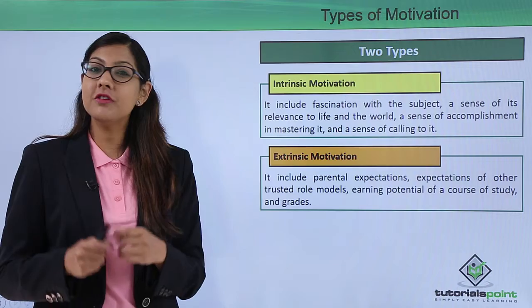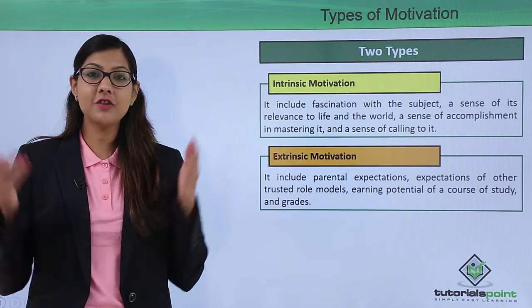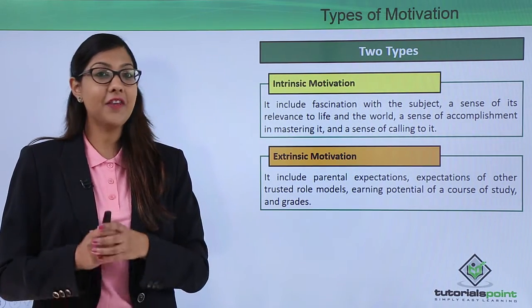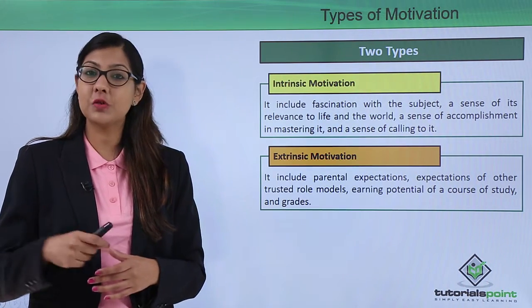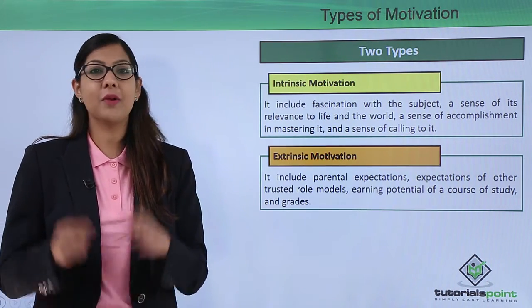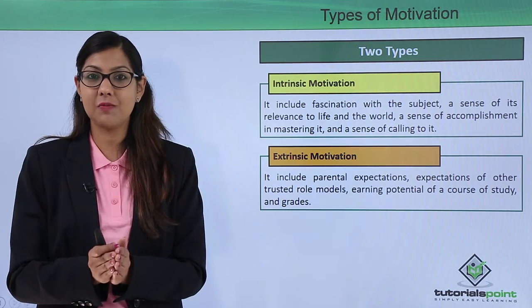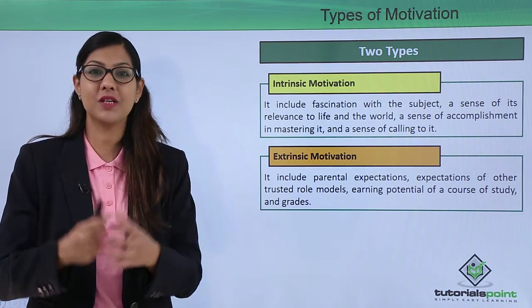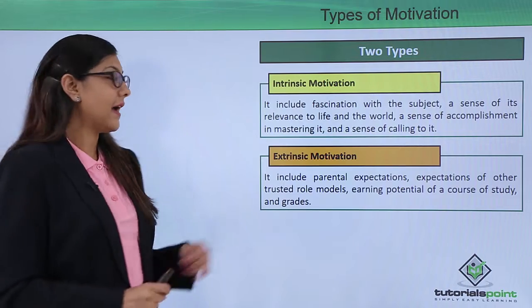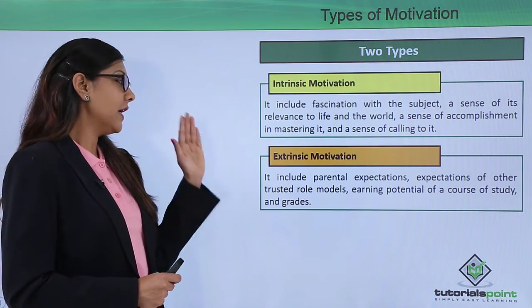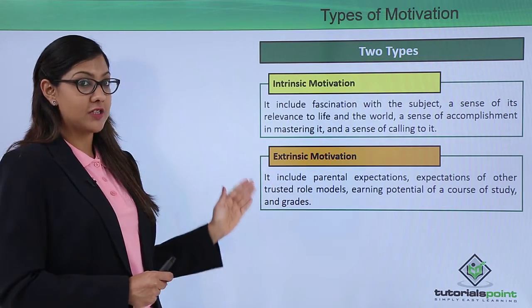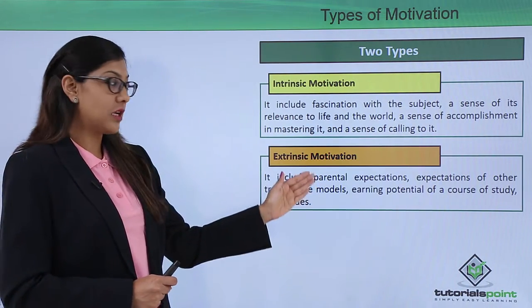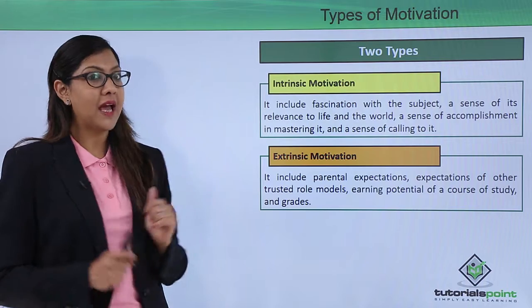When a student really loves a subject, they are so involved in it, and they do not need somebody else, like a teacher or a parent, to tell them to study that subject, because they love studying that subject and they're intrinsically motivated to do so. On the other hand, extrinsic motivation includes parental expectations, expectations of other trusted role models, earning potential of a course of study, and grades.